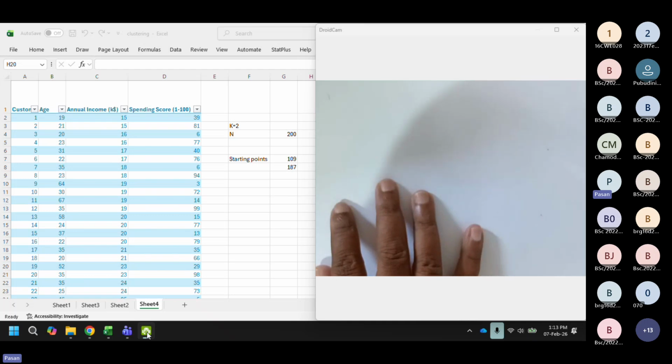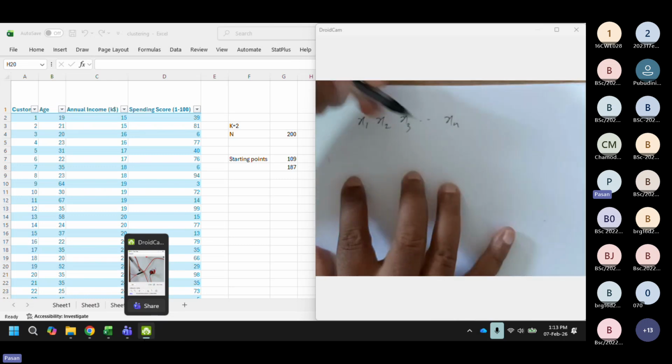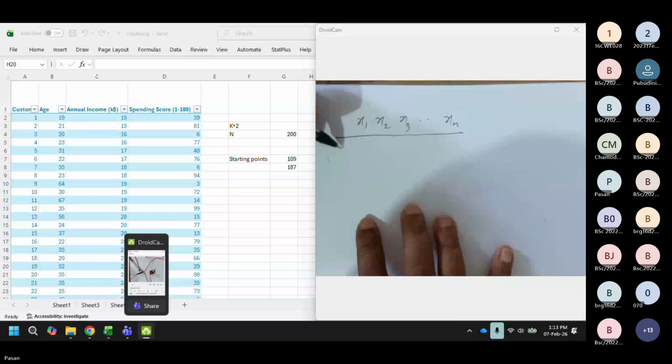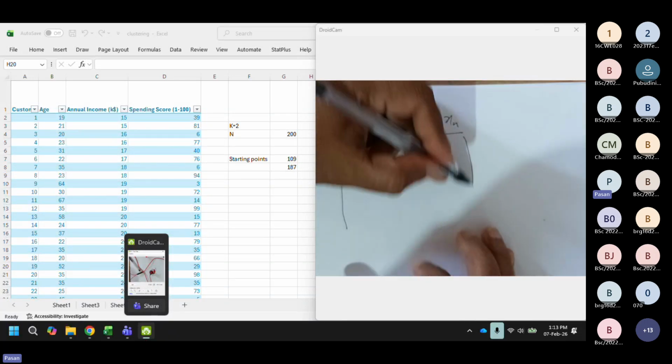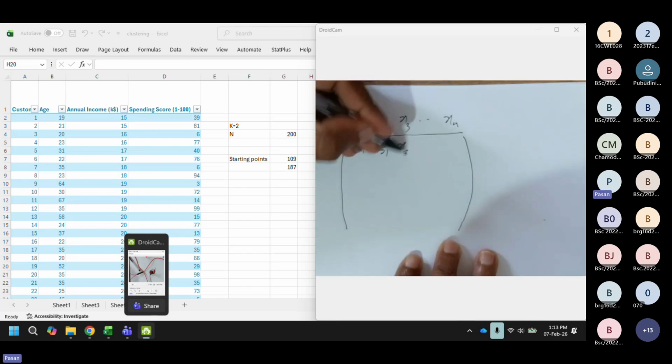So once you have your multivariate data set as, say, x1, x2, up to xn, right? Once you have the set of data like that, we can collect all the observations into a matrix like that. The x1, x2, 1, 3, 1, and so on.